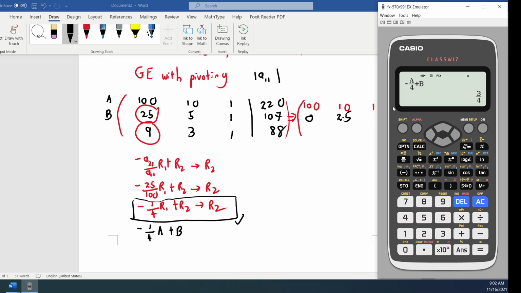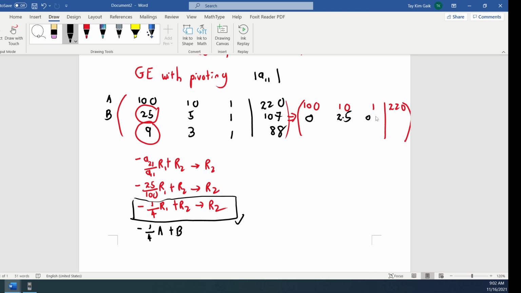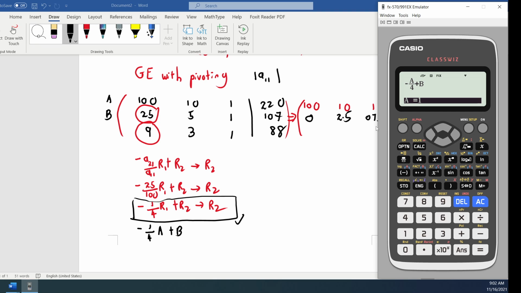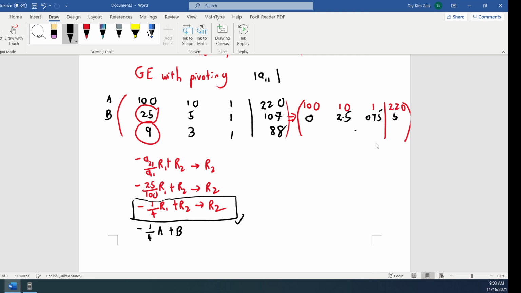You get 0.75. Okay, calculate again. Vector b, so A is 220, B is 107. So you get 52.